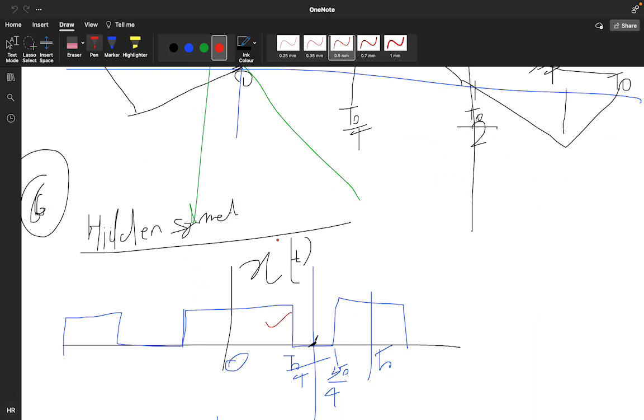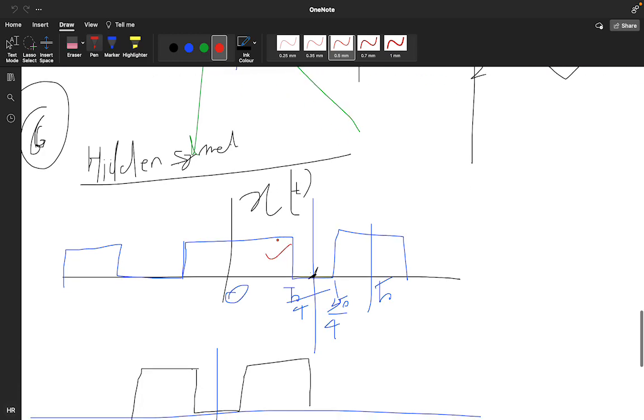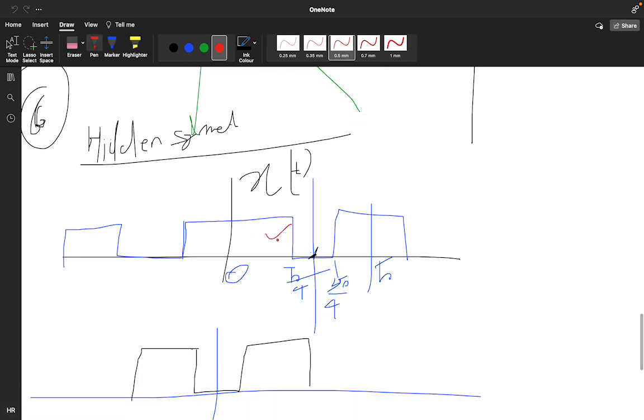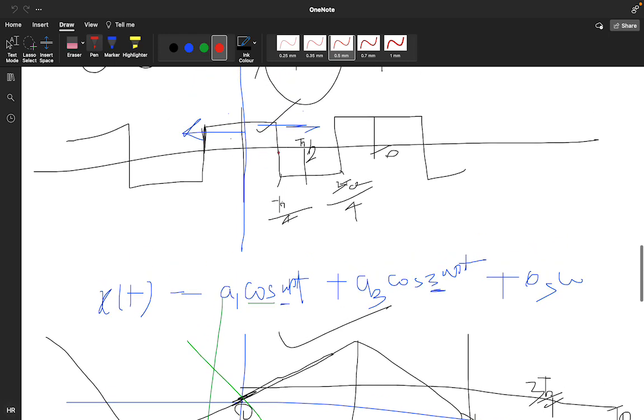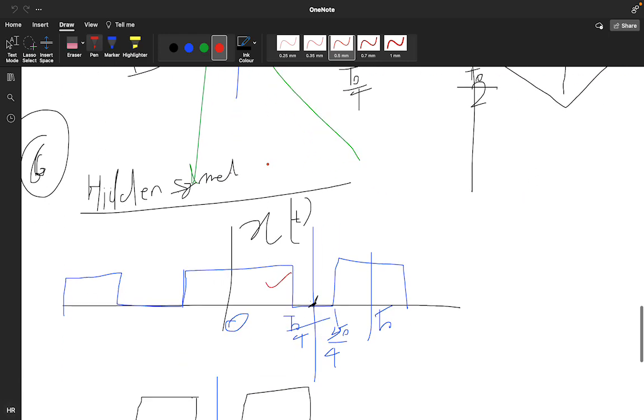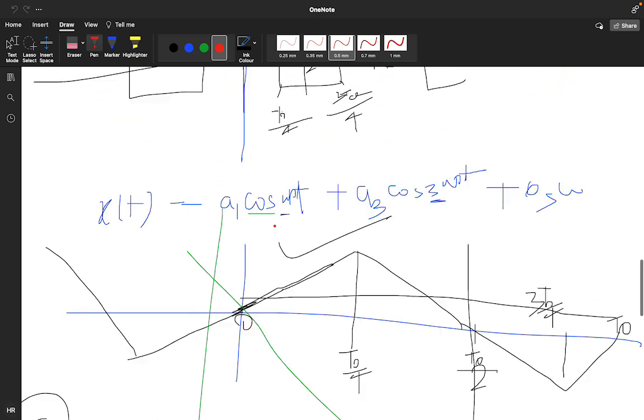So this kind of concept is known as a hidden half wave symmetric signal. What you need to do is make the signal in the form of this; if you make it like this, then it's possible.